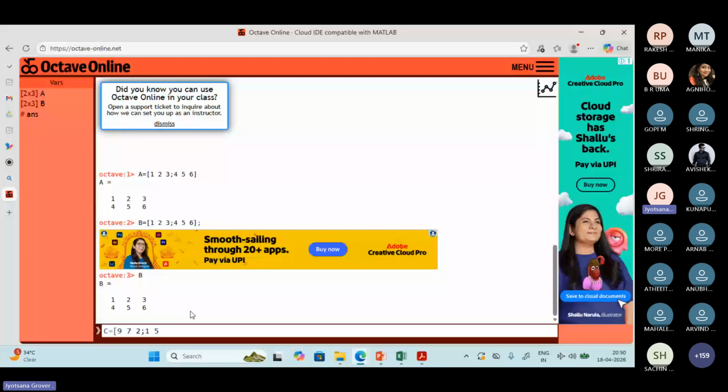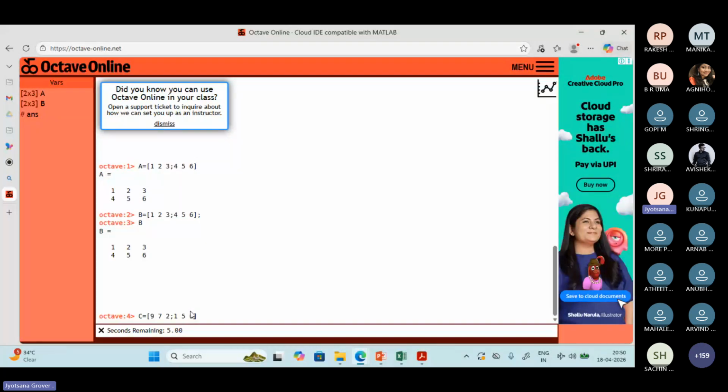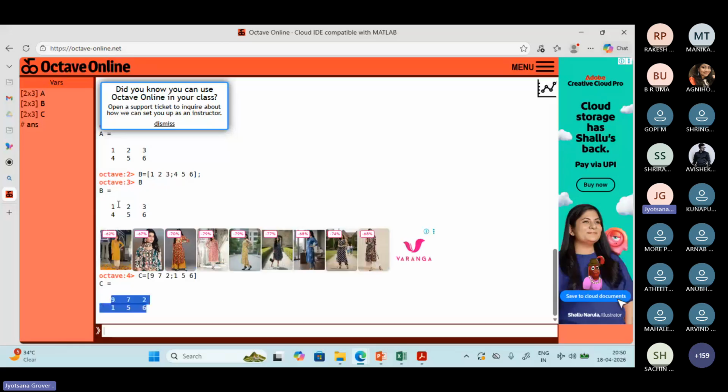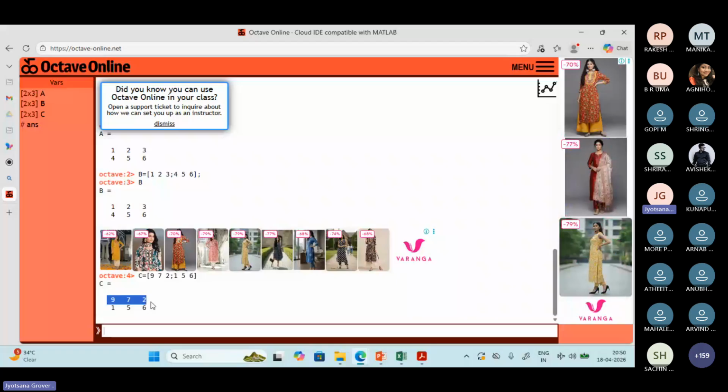So C is this. See, B is this, C is this. Now both B and C have the same number of rows, which is 2, and B has 3 columns, C also has 3 columns. So B and C have the same size.